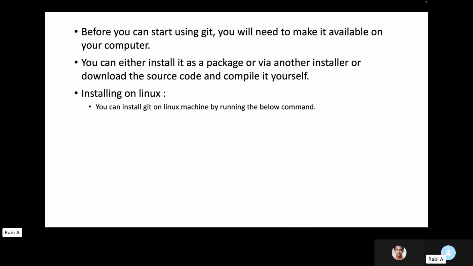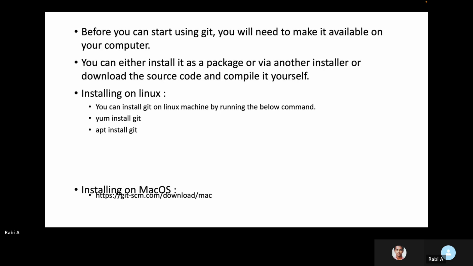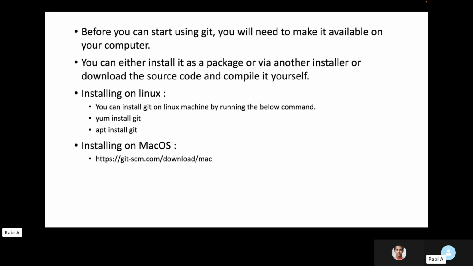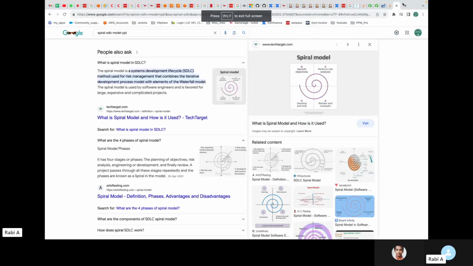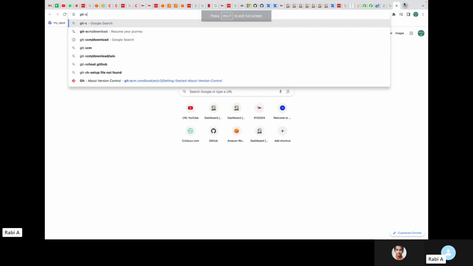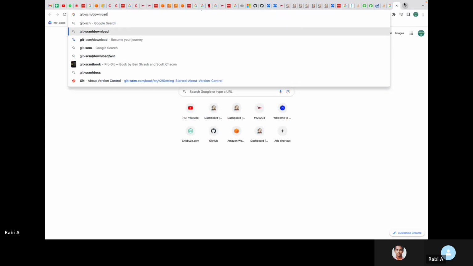If you want to install this on a Linux machine, you can use the command below. If you want to install on Red Hat or CentOS, you can use this command, and if you're on Ubuntu, you can use apt install git. For Mac OS, you can download the package, and for Windows also you can download the package. You can simply go to git-scm.com/download.